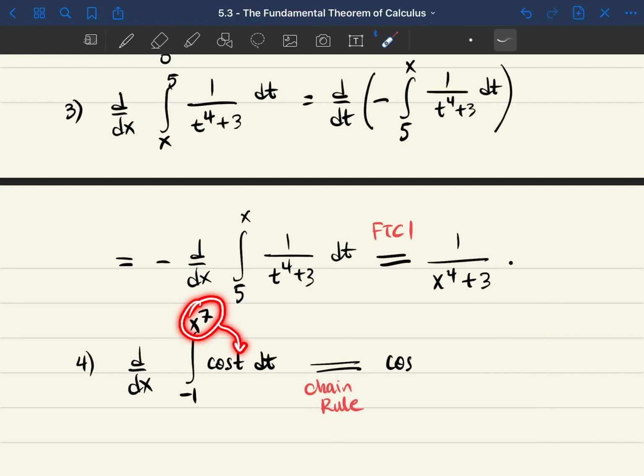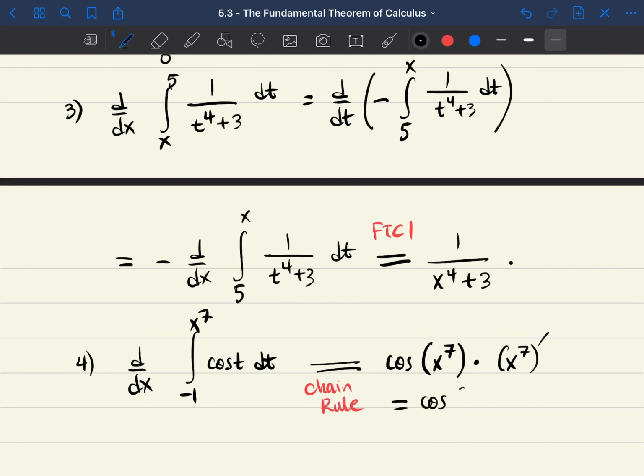So you just put this instead of t, and then you have to take the derivative of x to the power of 7. So cosine of x to the power of 7 times the derivative of x to the power of 7. Okay, that's the chain rule. So this is equal to cosine x to the power of 7 times, according to the power rule, 7x to the power of 6.